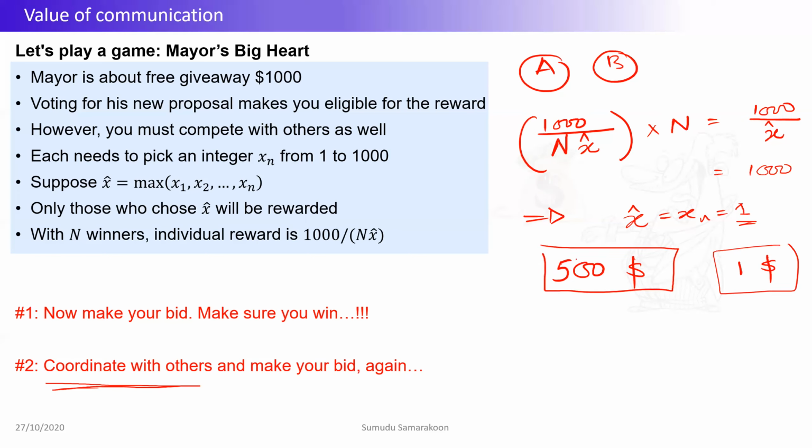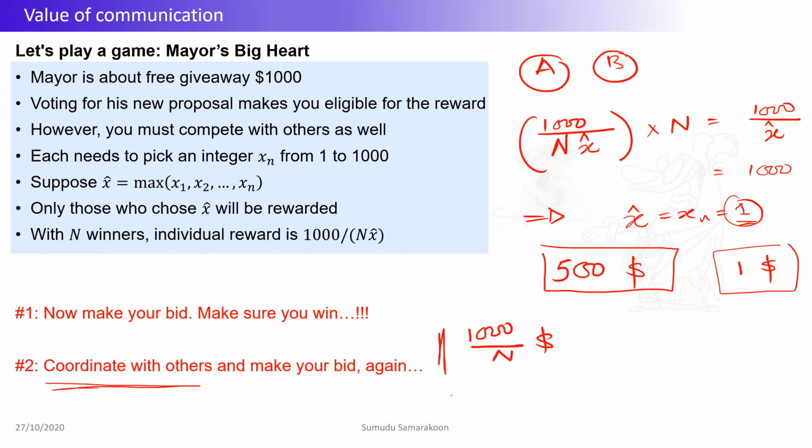This is a big win. Suppose we have n players and we play this game, and everybody places a bid of $1. An individual person would be awarded this amount of dollars.